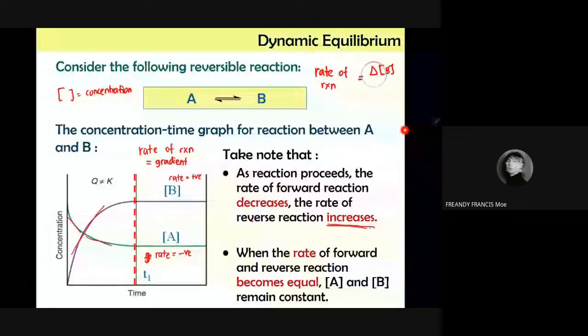So, perubahan delta ini pula adalah change. Okay. So, kalau kita fokus pada gradient, kita fokus pada curve yang warna purple ni, kalau kita tengok perubahan dia, dia punya rate of reaction sama dengan change divided by the change in time, iaitu gradient of the curve lah, gradient dia.